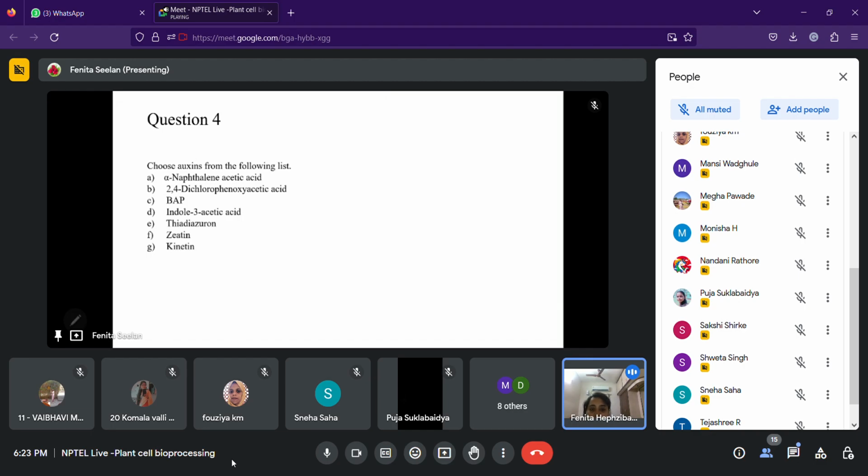So the thing is, the equal concentration of both auxin and cytokinin doesn't hold all the time. Even if you go with both equal concentration, if there is no callus observed, then you have to play around with your concentrations of auxin and cytokinin.